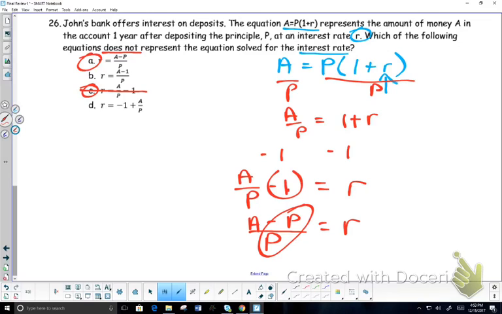And then if you look at this last one right here, isn't that the same thing as A over P minus 1? So this one right here, oops, I'm supposed to line that off. This one also does not. This is our scenario right here. We didn't end up with P underneath the 1, so that would be your final for that one. You just need to slow your roll on that one. Make sure you're paying attention to it.